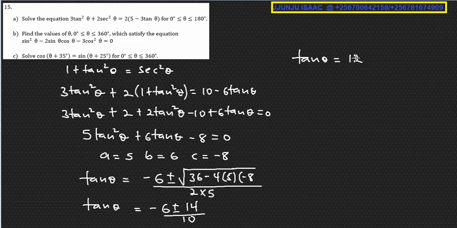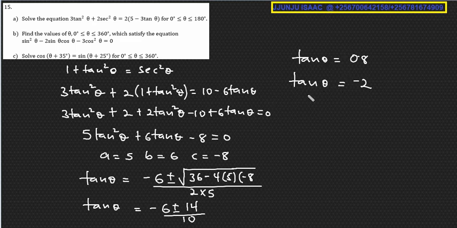No, it is not 12, it is 8. Now 8 divided by 10, we get 0.8. We also have tan theta equal to negative 6 minus 14, that is negative 20, divided by 10, that is negative 2. So these are the two values we get for tan theta.